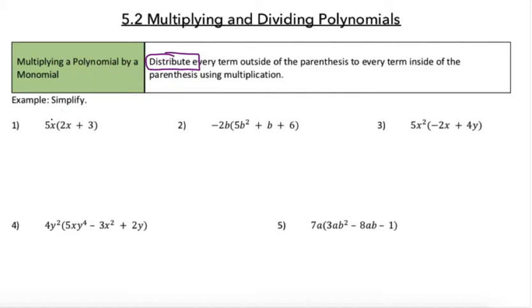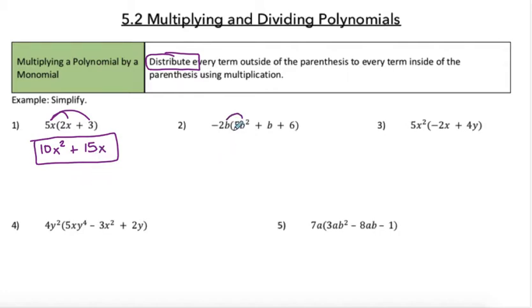So when we multiply, we do 5x times 2x, which is 10, and this is where our exponent rules come from last unit. x times x is x squared, plus 5x times 3, 5 times 3 is 15, and x leaves it by itself. So this can't be combined further, so this is my simplified answer. This would be a quadratic binomial, because the highest power is 2 and it has 2 terms.